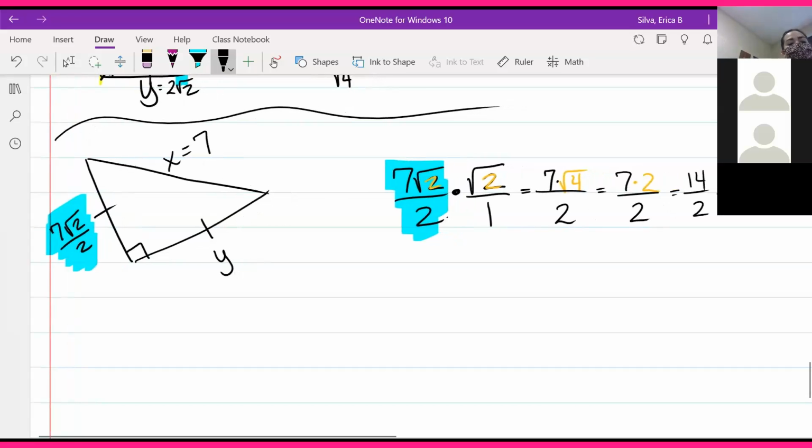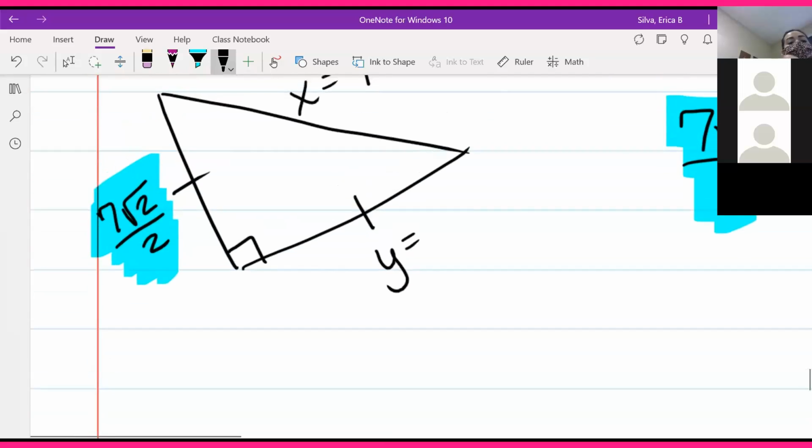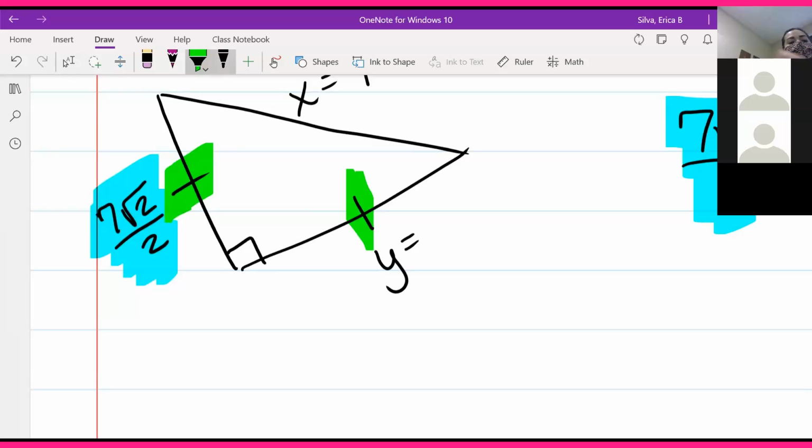That's my hypotenuse. And what is your y equal to? It's not 7. What do those tick marks mean? They're the same. So this side is the same as this side.